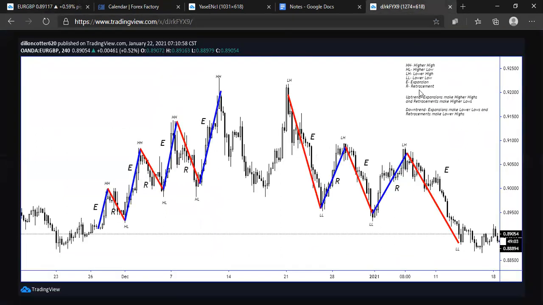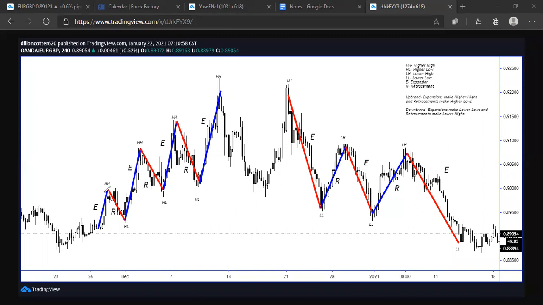Let's go over here and look at this example that I have on Euro GBP of perfect market structure, perfect expansions and retracements, right? So looking at this from a hindsight perspective, I've drawn everything out already, so it's pretty self-explanatory of what I've already went over.